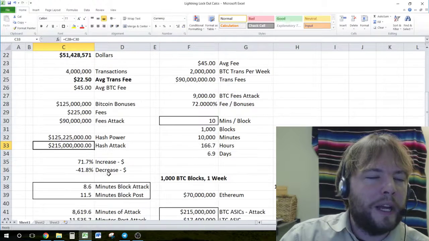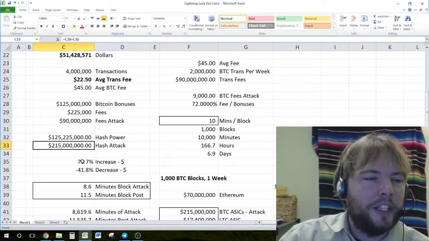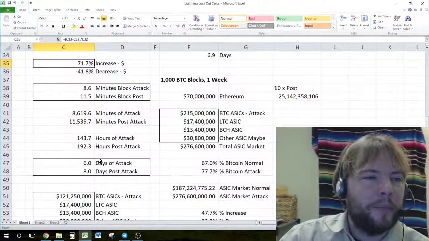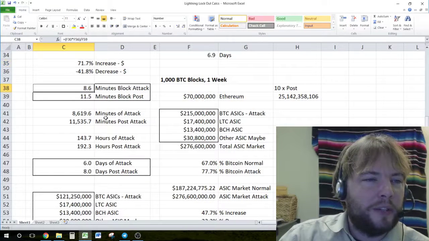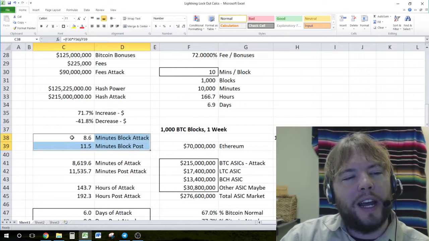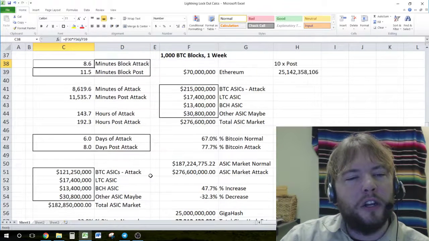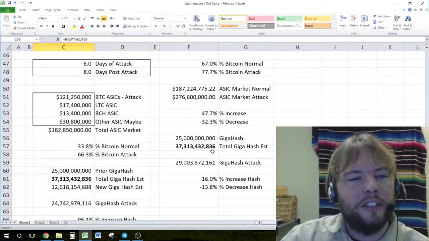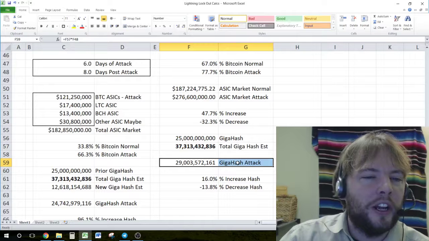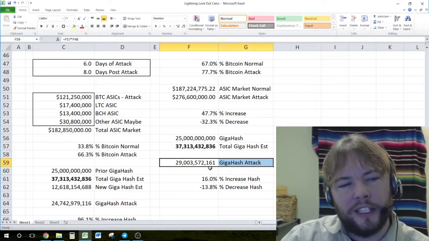The amount of money spent on a hash for Bitcoin will increase substantially, roughly 70%, I say. And then what that will do to the block time is, with this increase in hash power, assuming no new miners are entered into the network. So assuming our total GigaHash output does not change, only the percent of GigaHash actually changes.